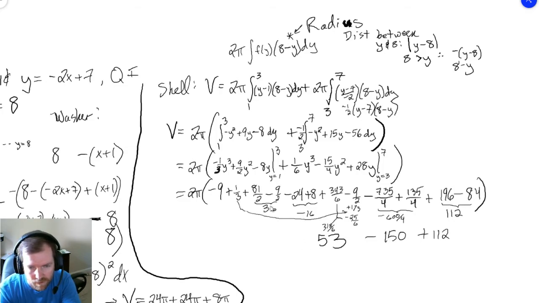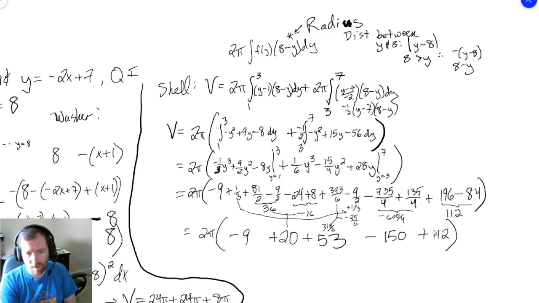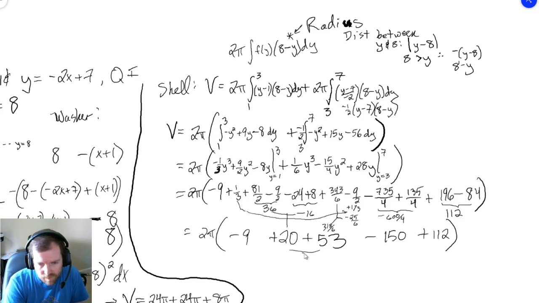Here we get a 36 minus 16 is going to be a positive 20. And here we get a negative 9. Alright, this is going to be 73 minus 9, which is going to make this a 64. And this here is going to be negative 150 plus 112.